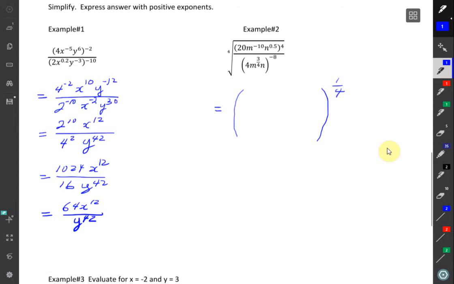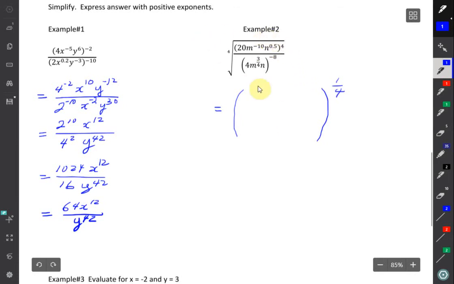And we can take all of this. I'm looking ahead here, and I'm seeing that 4 times a quarter, because this would be a power raised to an exponent and we're multiplying, is going to be 1. So that will make it a lot easier for us than if we distributed this all the way through. You can do it that way if you wanted to, and it would still be fine.